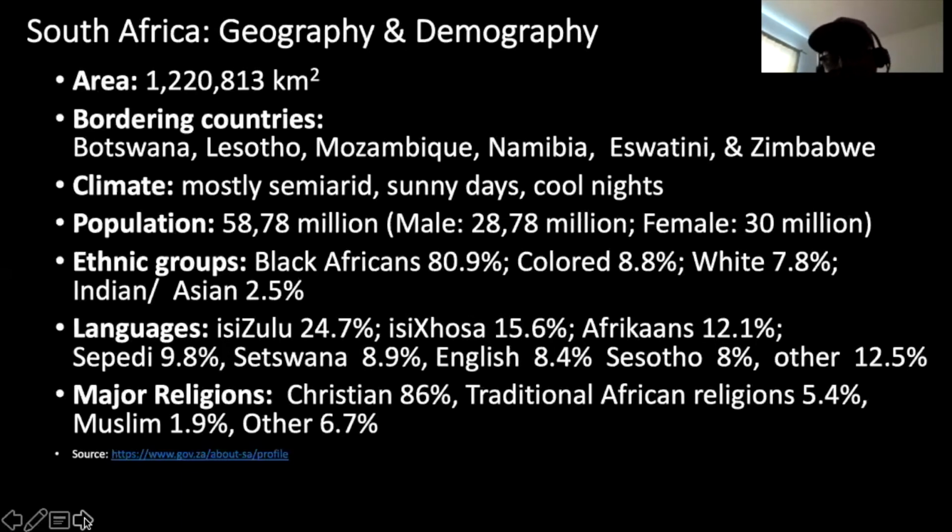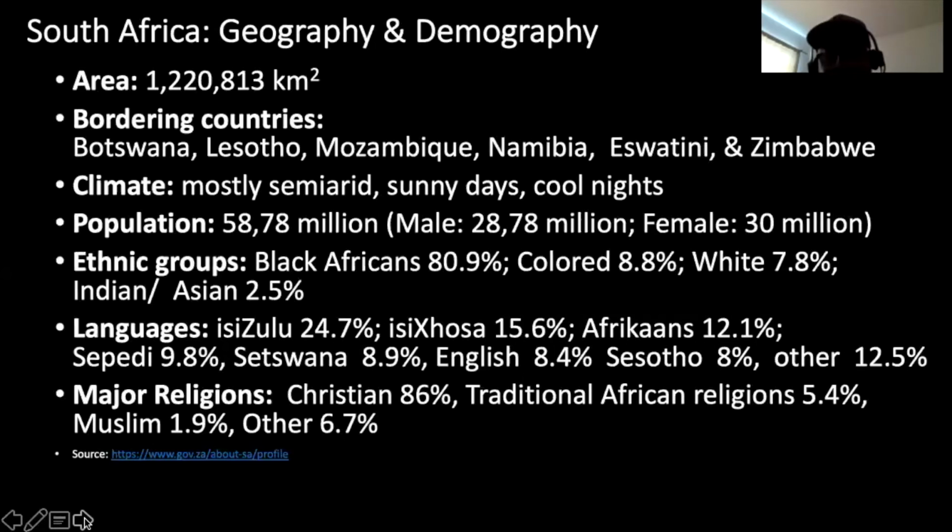You refer to them as the mixed race, a combination of whites and blacks. The white population is about 7.8%, and then we have 2.5% apportioned to Indians and Asians in general.